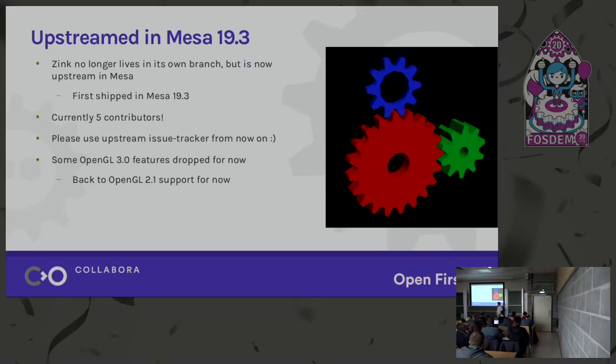And we've started getting some contributions from other people. Now I think 5 people have contributed to Zink. I think last year there were 2, so this is interesting. And now everything happens upstream in the upstream issue tracker, so no point in filing issues in my fork any longer.